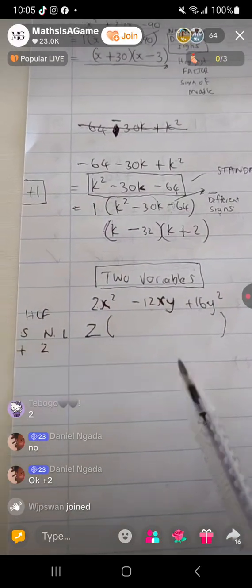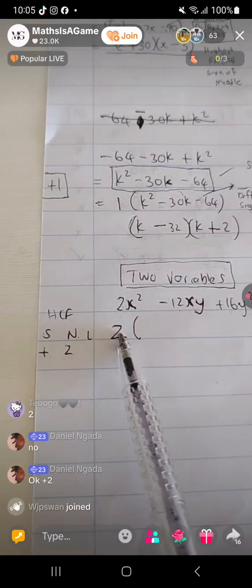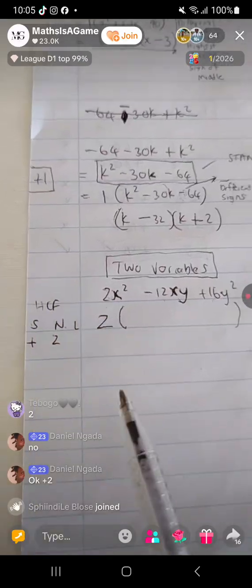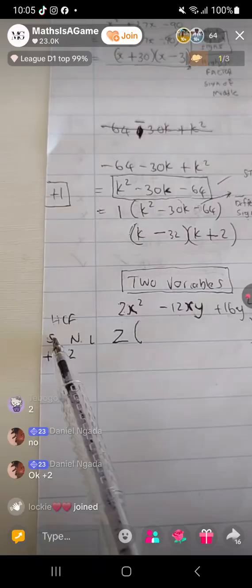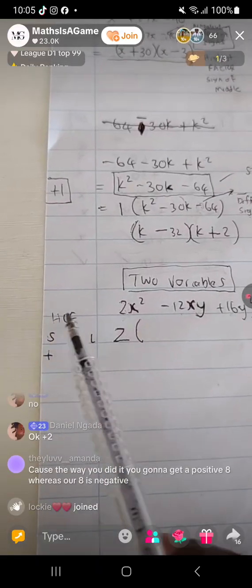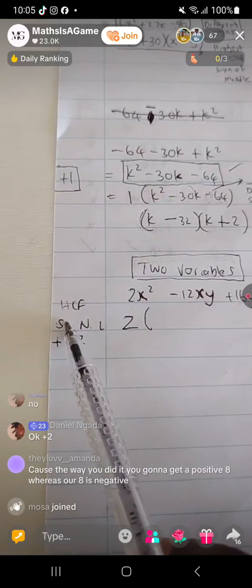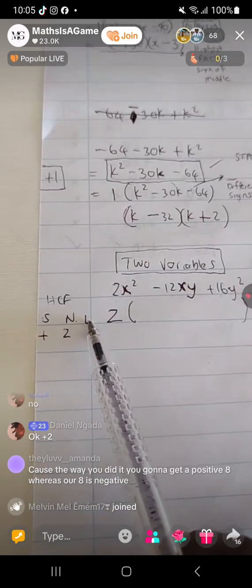Remember the positive sign: if we just write 2 alone without writing the positive, that still means that this 2 is positive. It's just that I am writing highest common factor, sign, number, letter, so that you are aware that you have to take it out according to the sign, the number, and the letter.